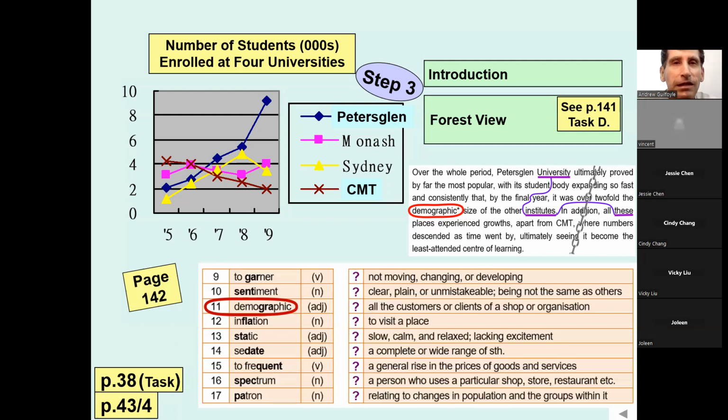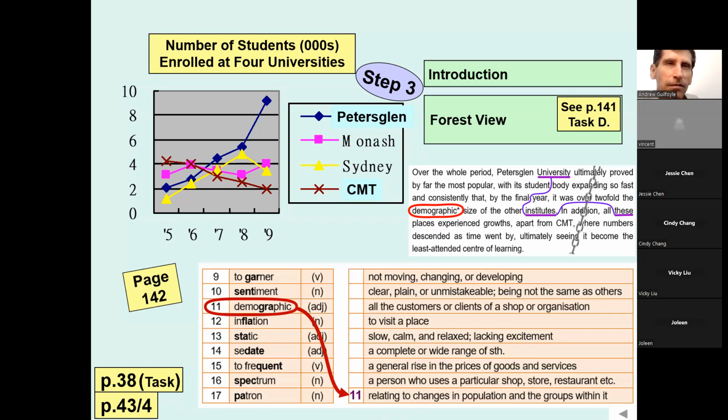This is how my book teaches vocabulary. A general rise in the price of goods? No, that's inflation. And I know that in Chinese. Relating to changes in population and the graph with it.